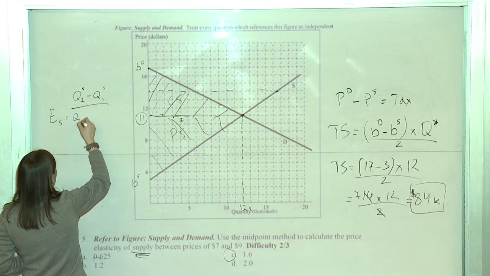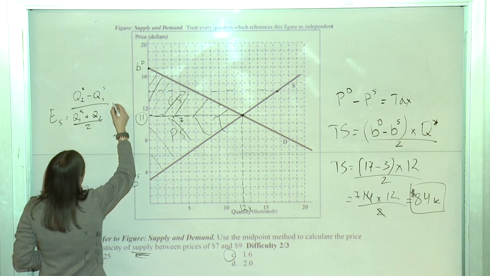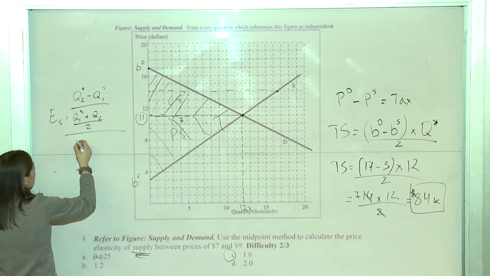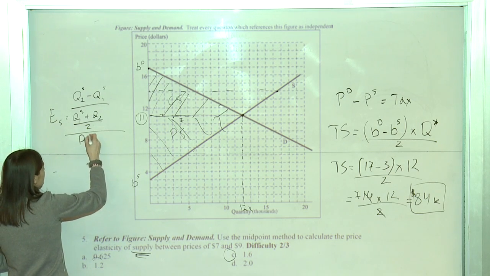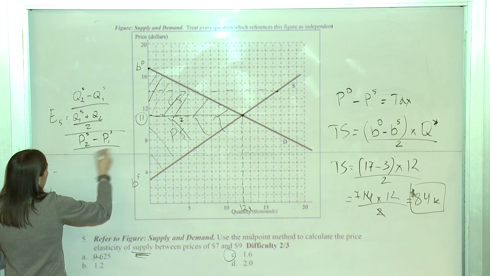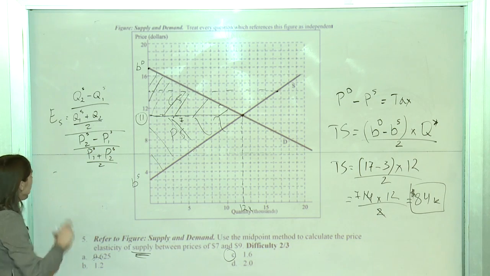So it's going to be Q1 plus Q2 divided by 2. And then this whole thing divided by the same but for the prices. So the difference between price 2 minus price 1 over the average of those 2 prices.